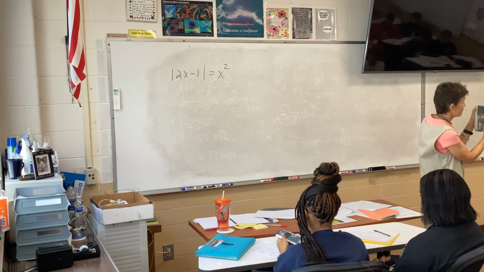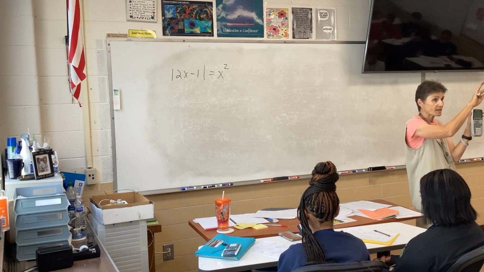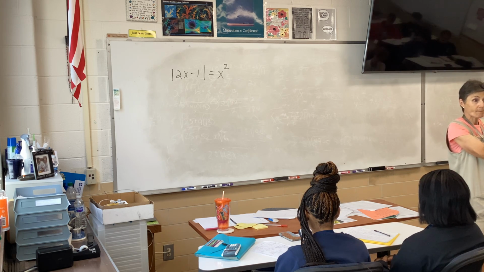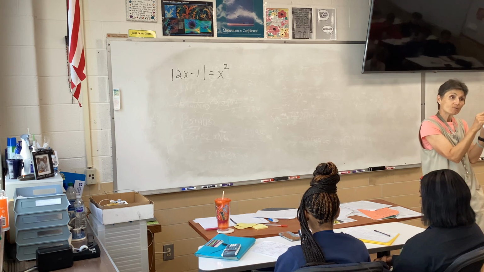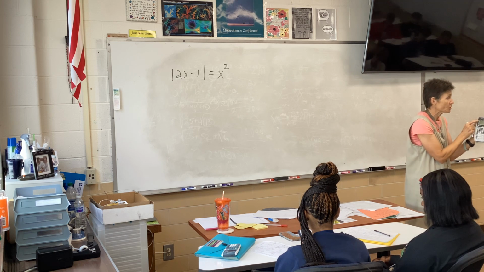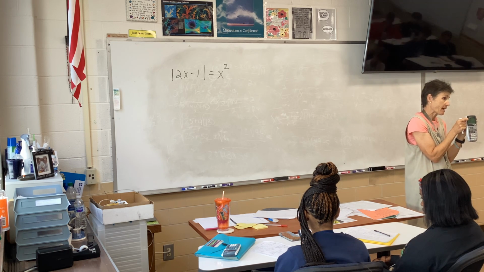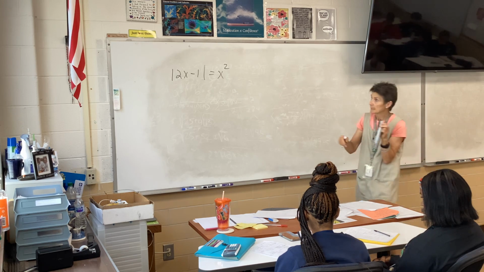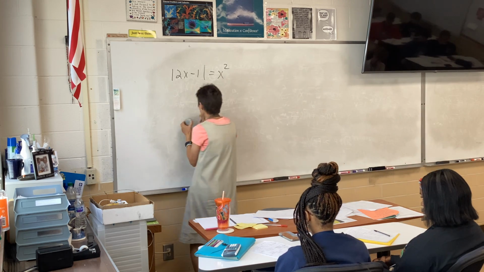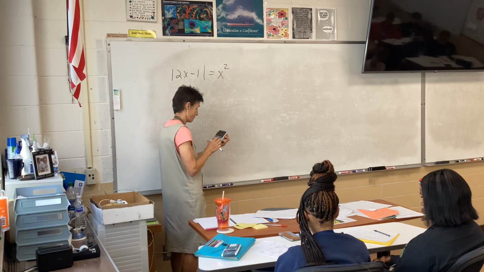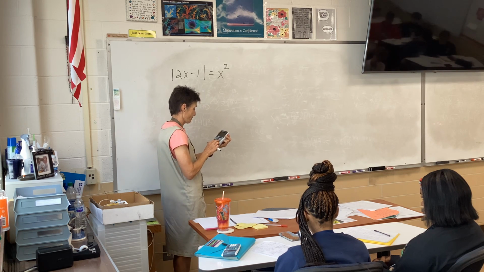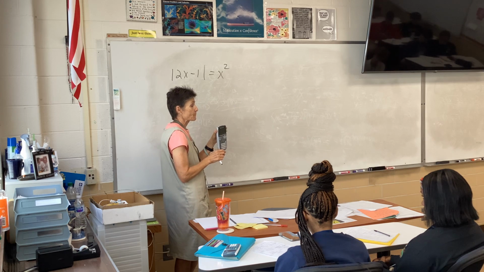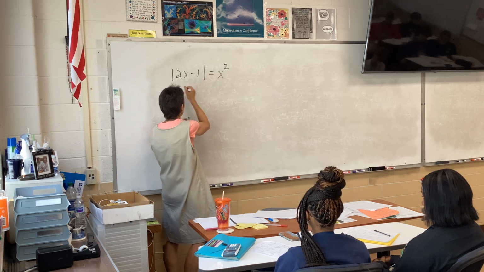Go over to where it says number in the top row. The second entry there says NUM. And when you move over there, notice that option number 1 is absolute value. So press enter. And then type in 2x minus 1. That's equation number 1.